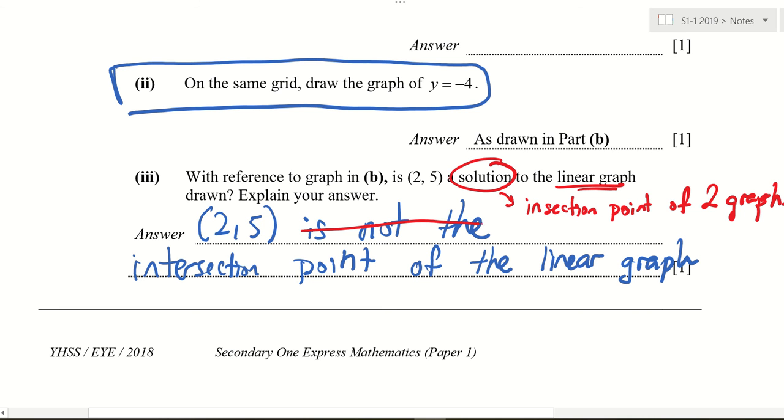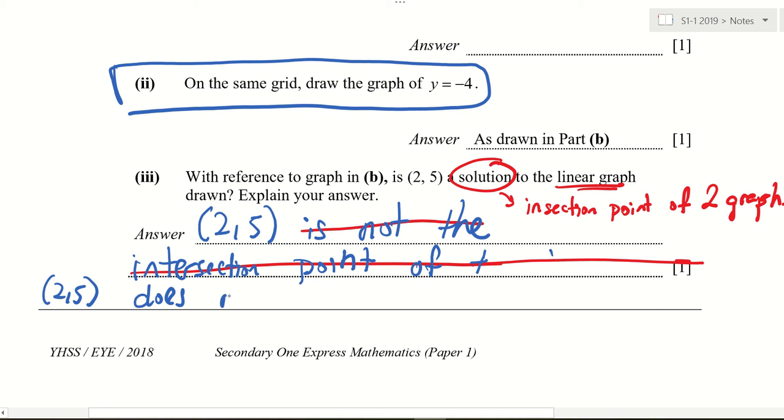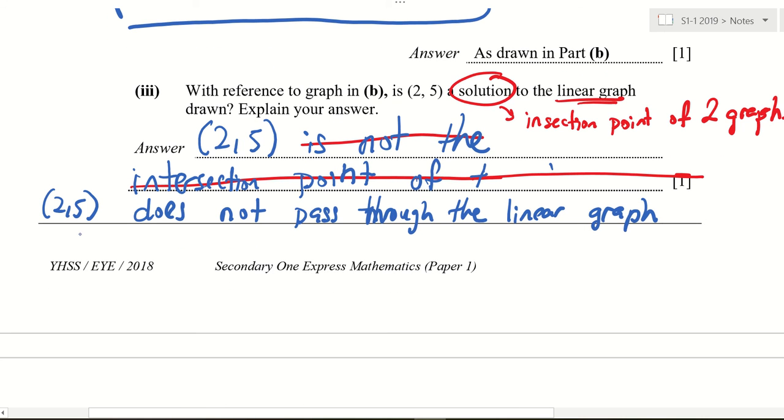So what you will explain is this: 2, 5 does not pass through the linear graph, hence it is not a solution to the linear graph.